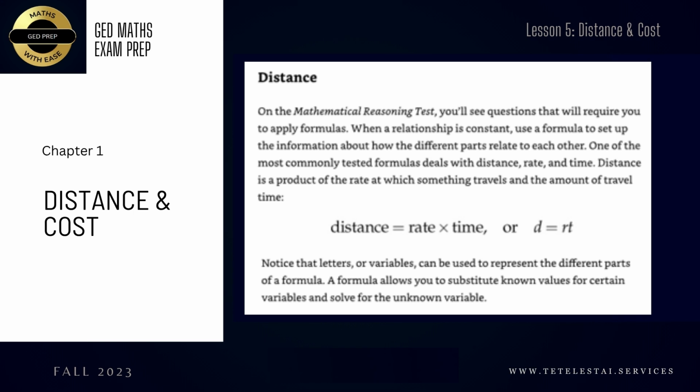We immediately know that means distance equals rate times time, because it's telling you that distance is. So when you see that is, consider it your equal sign, right? Distance is the product of rate and time, or D equals RT.